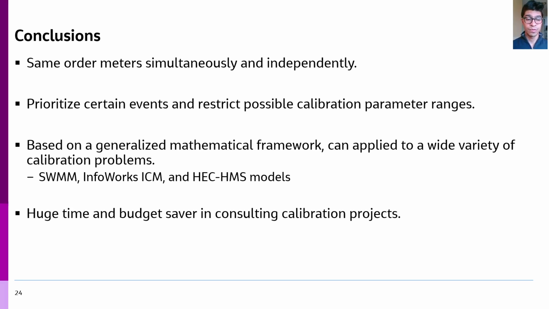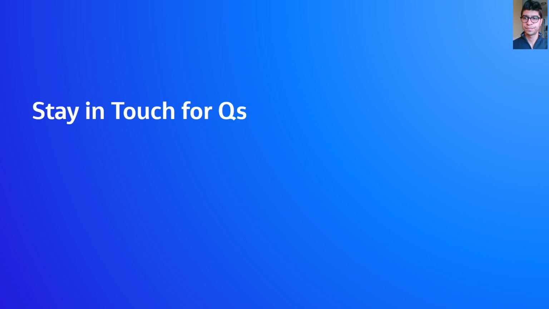So we realize that this could be a very huge time saver and budget saver when it comes to any sort of consulting project, apart from being an interesting academic and research idea.